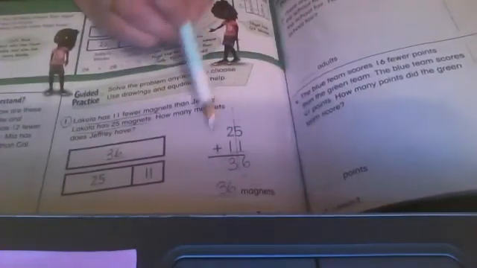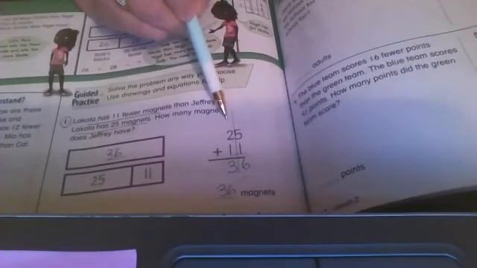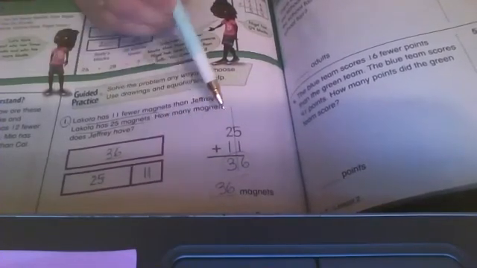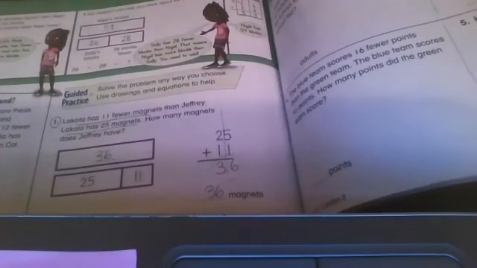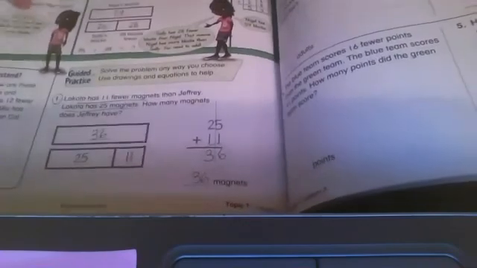Okay. All right, guys. So that is going to be what our independent work looks like for today. The independent practice asks you to solve each problem any way you choose. So again, if lining up tens and ones is not your best strategy, you can do breaking apart, or you can do compensation, or you can do an open number line to solve, whether that be addition or subtraction.